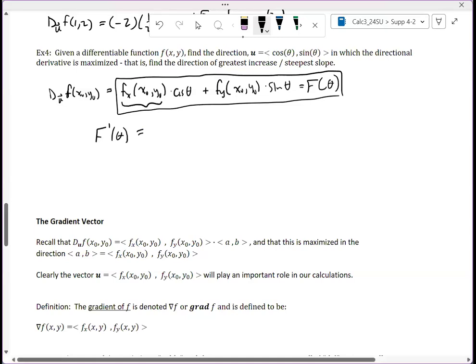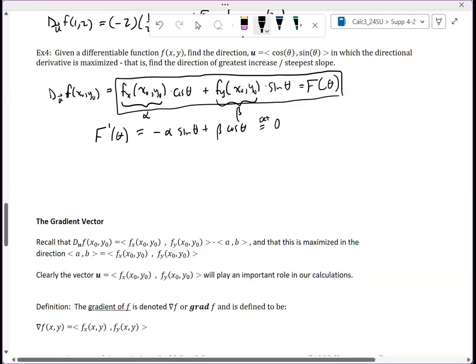Let me call these, say, alpha, and this, say, beta. So differentiating this with respect to theta gives me negative alpha sine theta plus beta cos theta.